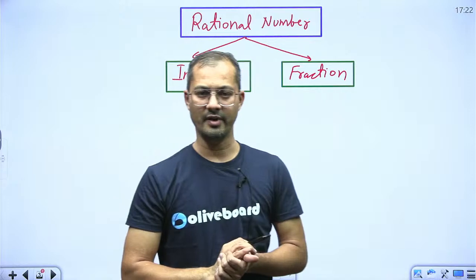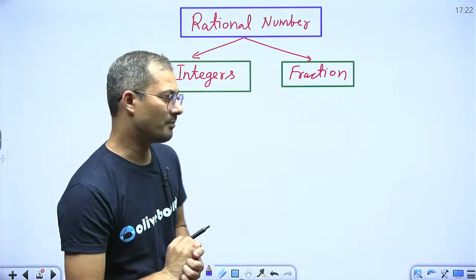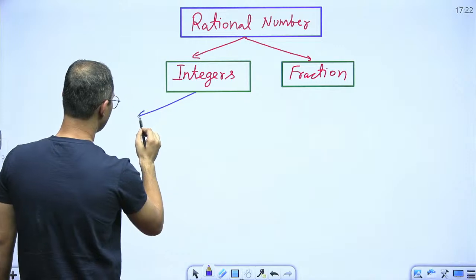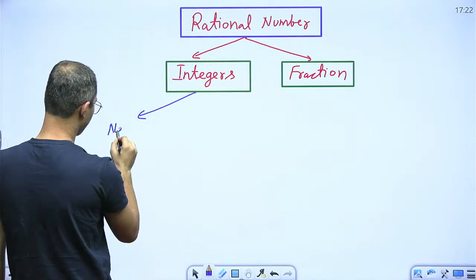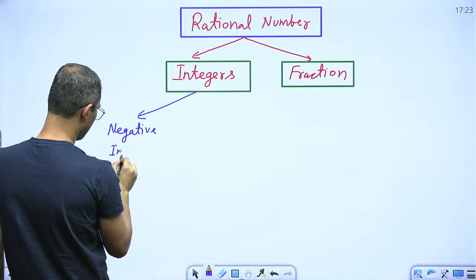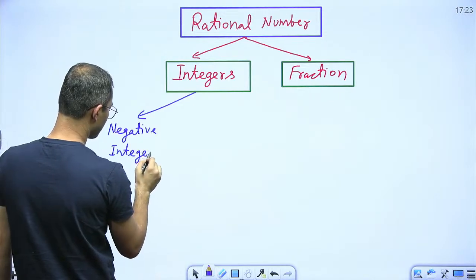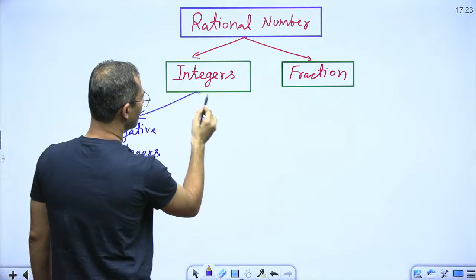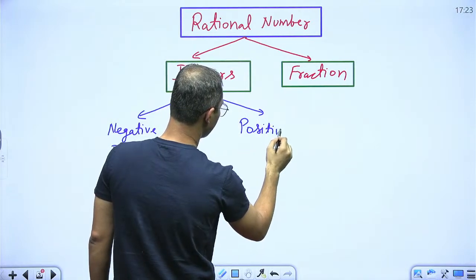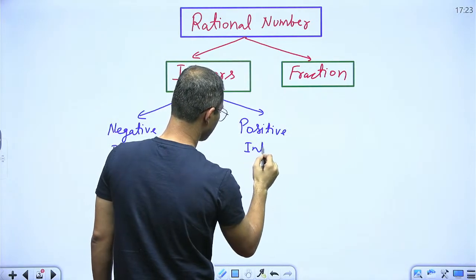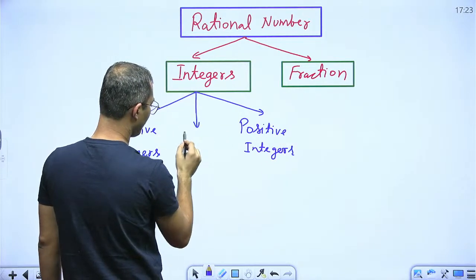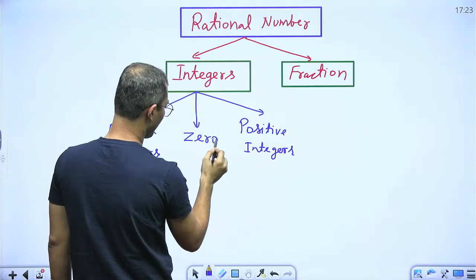So we include negative integers, positive integers, and we also include 0, right?